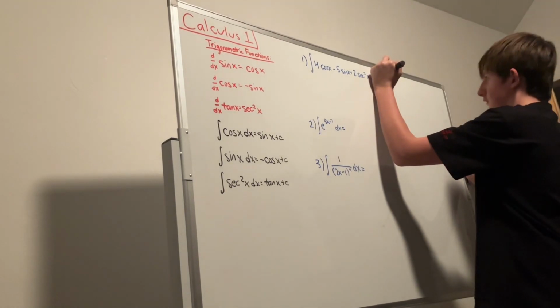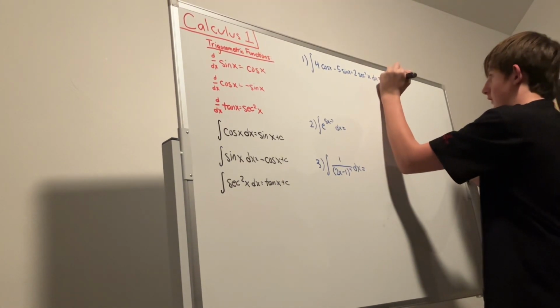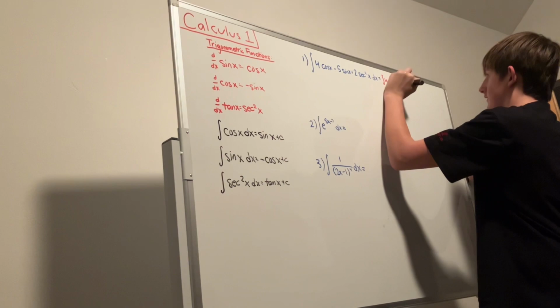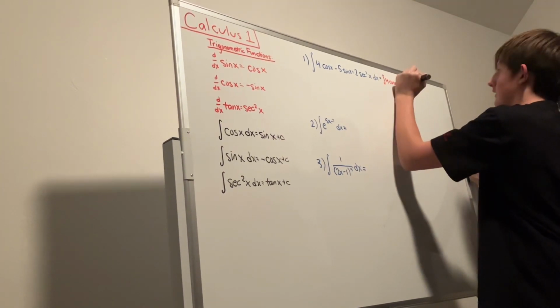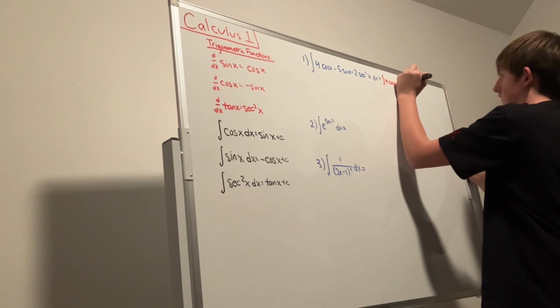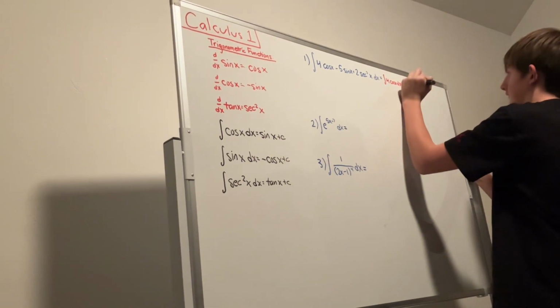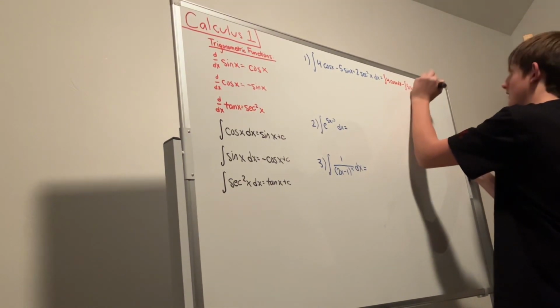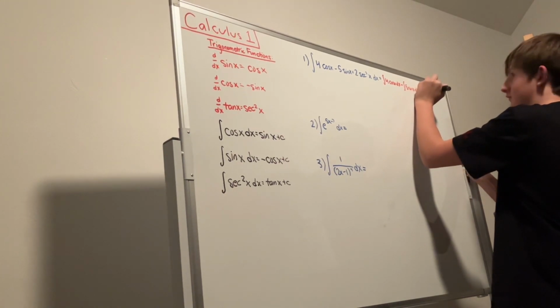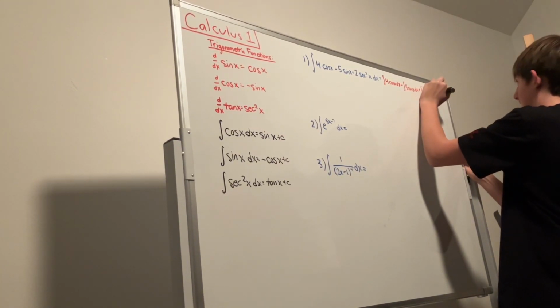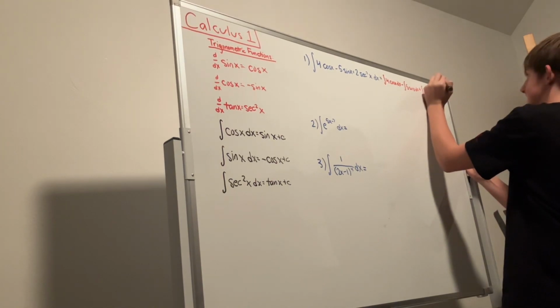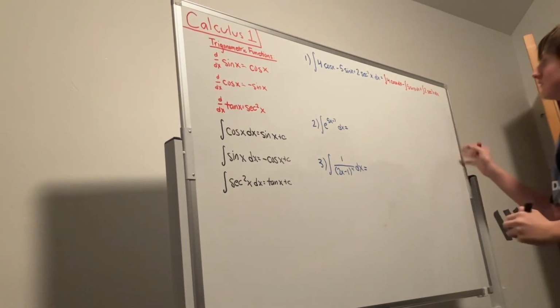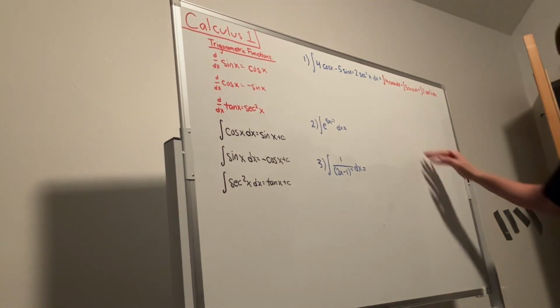This is the integral of 4 cosine x dx minus the integral of 5 sine x dx plus the integral of 2 secant squared x dx. Then we can work each of these parts individually.